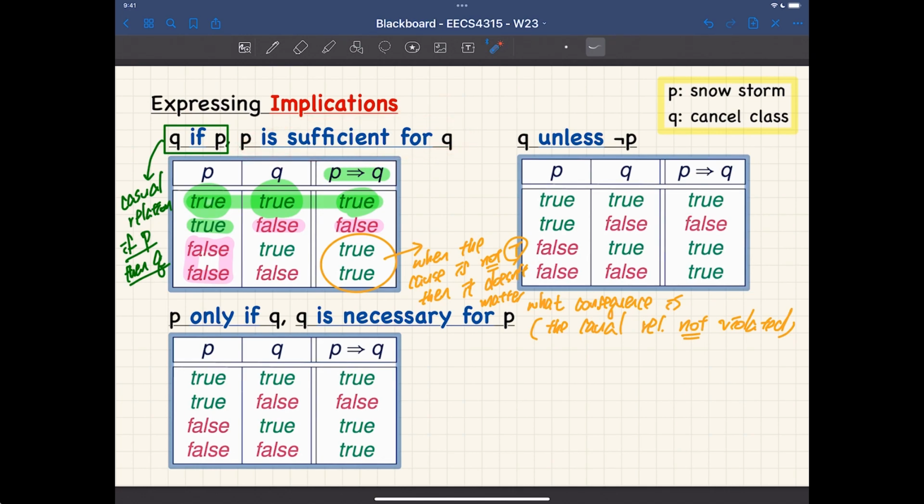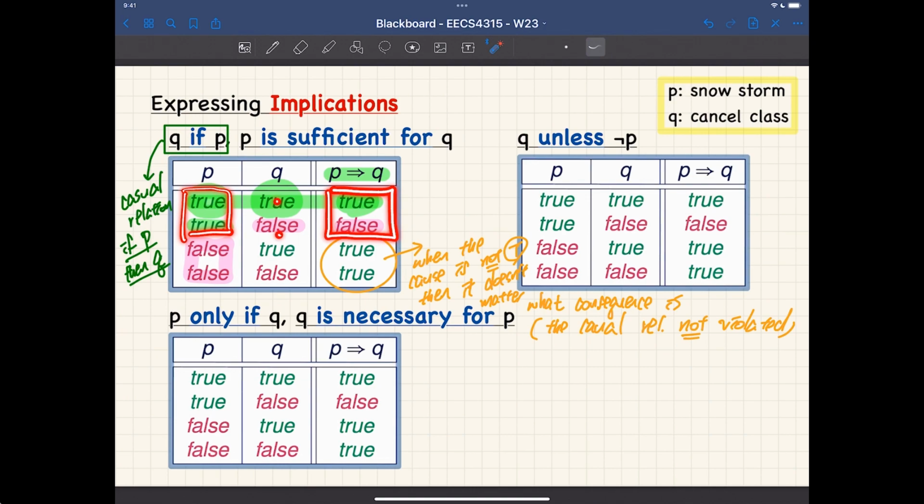Yes, Chidalu. Is it like saying if P is true, then the truth value of the whole expression depends entirely on Q? Exactly. Very good. That's another way to see that. Let me repeat what you just said. If the cause over here is already true, then you're right. Whether or not the causal relationship is maintained depends on the consequence.